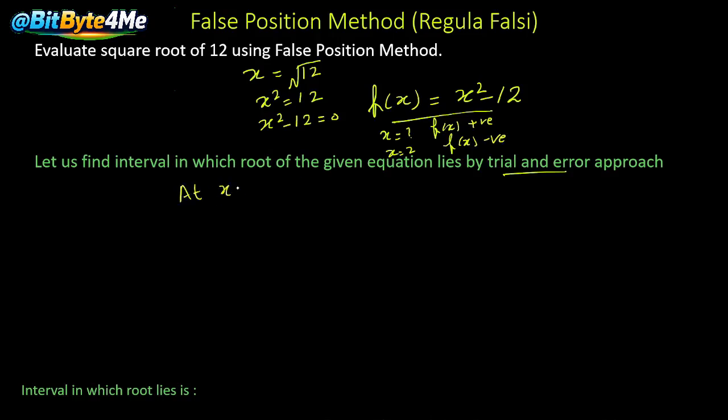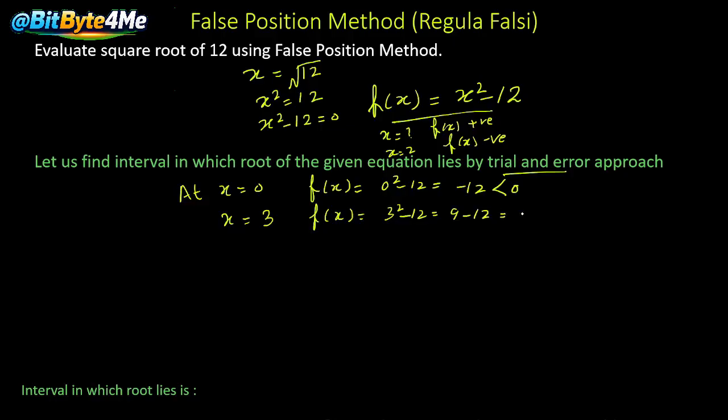So let's take x is equal to 0. f(x) is equal to 0 square minus 12, that is minus 12, which is negative. Now at x is equal to 3, f(x) is equal to 3 square minus 12, that is 9 minus 12, which is equal to minus 3, which is also negative.